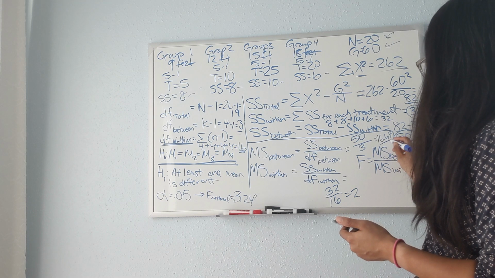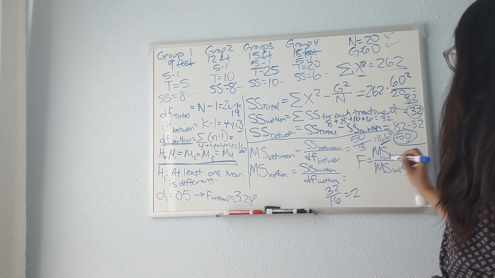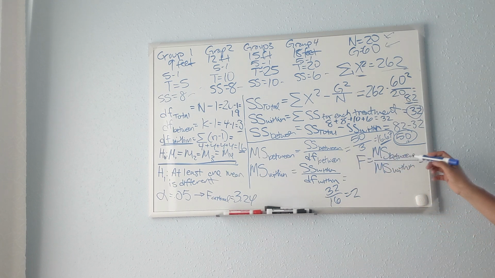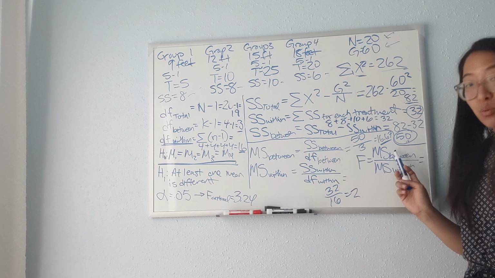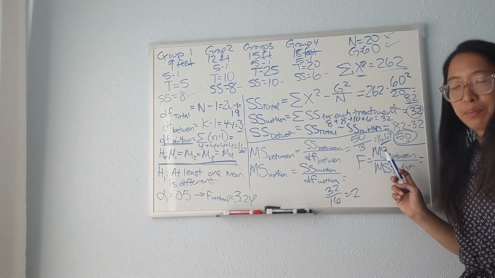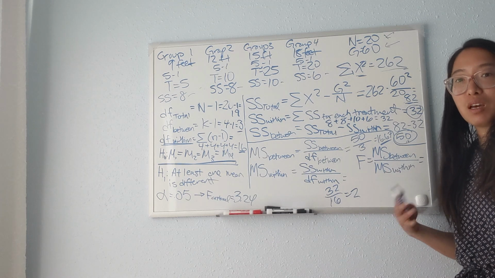So then we calculate our MS between, again, what the F score is looking at is how much variation there is between the groups, right? Because what we're interested in is, is there a significant difference between the groups?